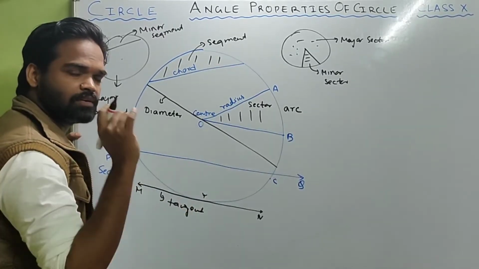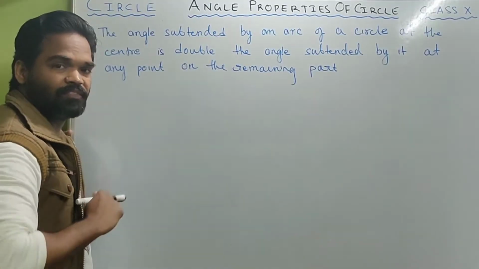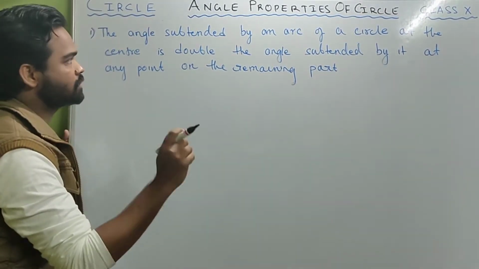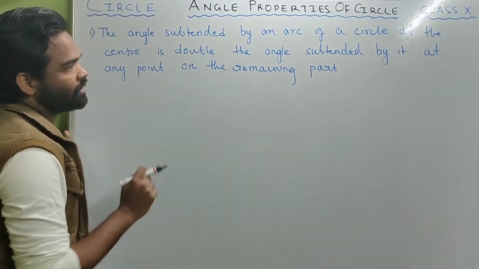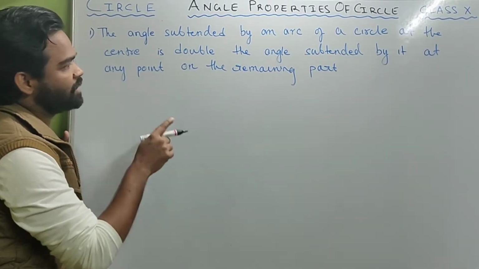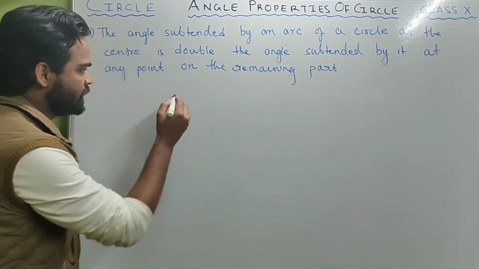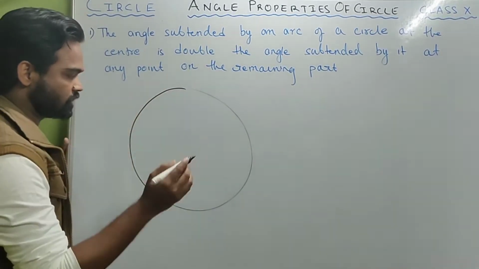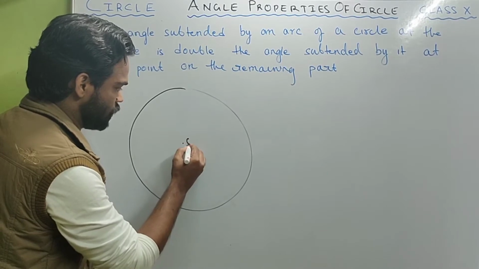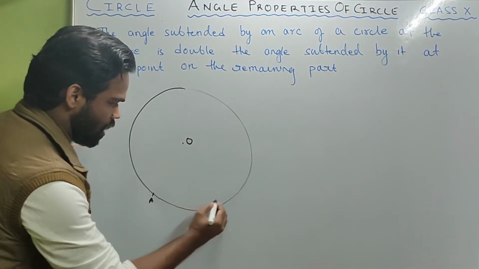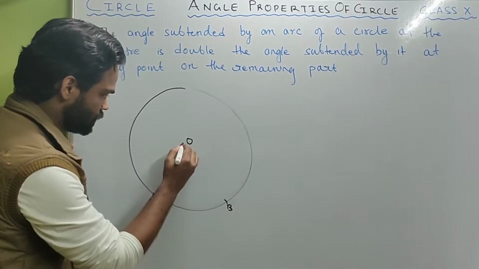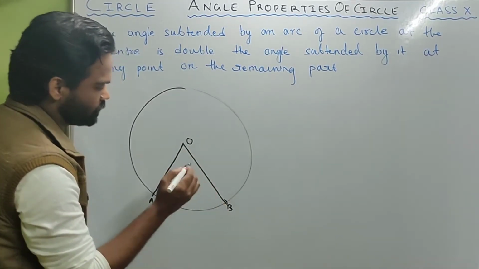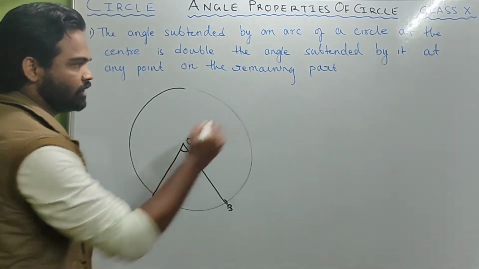Now let us look at the first theorem, which says that the angle subtended by an arc of a circle at the center is double the angle subtended by it at any point on the remaining part. Which means if this is your circle, suppose this is the center O, you take an arc AB, suppose with AB, you join the center, this is your angle.